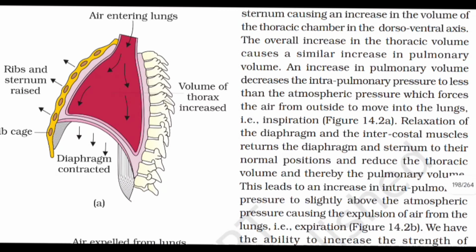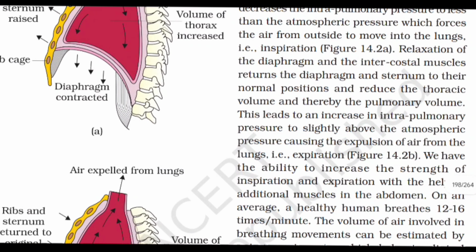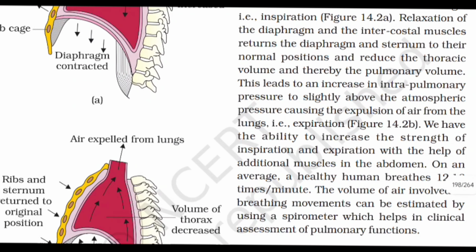That is expiration. We have the ability to increase the strength of inspiration and expiration with the help of additional muscles in the abdomen. On an average, a healthy human breathes 12 to 16 times per minute.